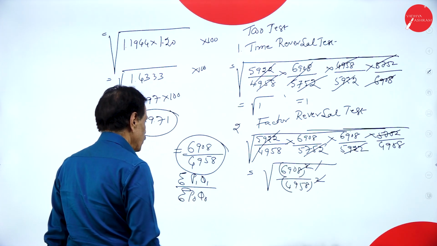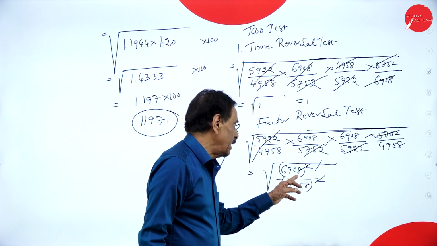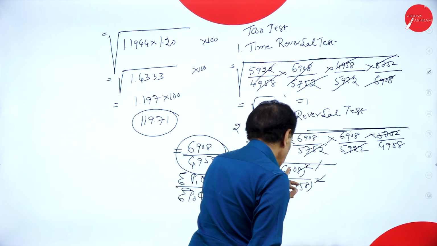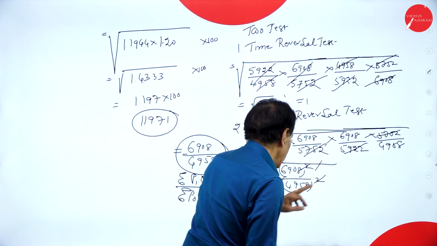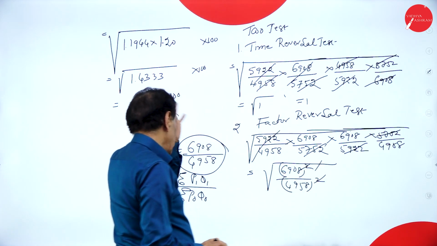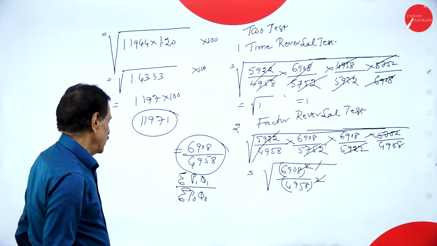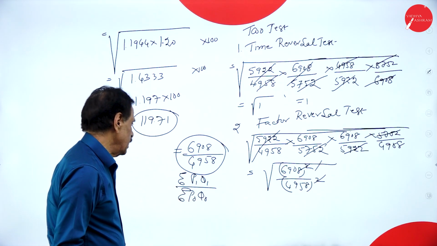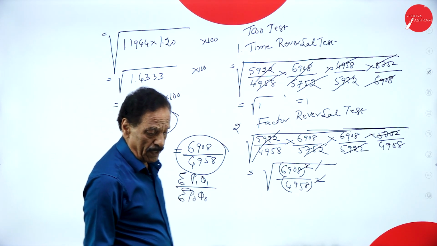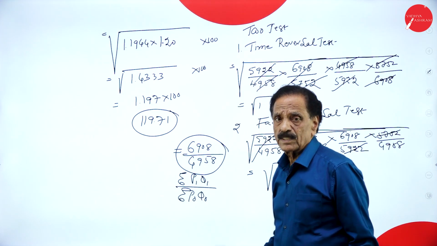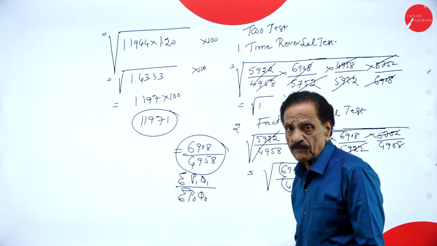Then cancel all this. What is left over? 6908 square, 4958 square. Remove the square. What is left over? 6908, 4958. This is sigma P1 Q1, it is sigma P0 Q0. This is Fisher ideal index number with the two tests for 15 marks.